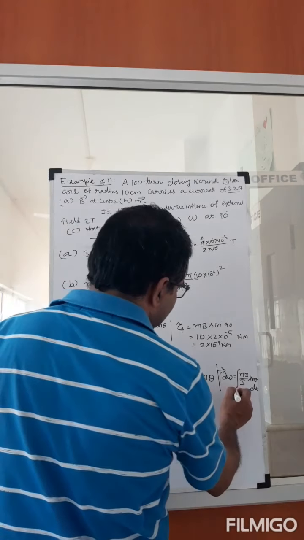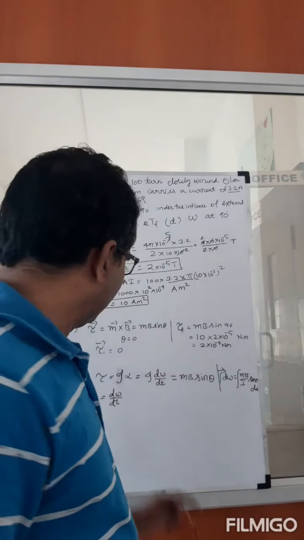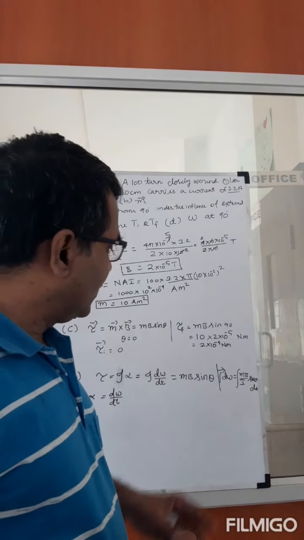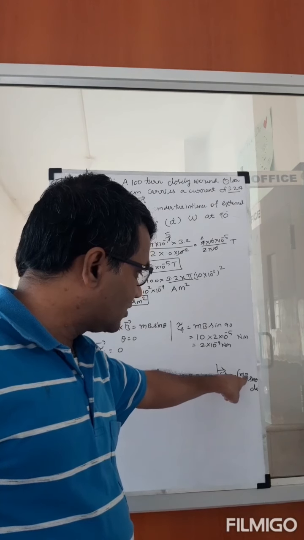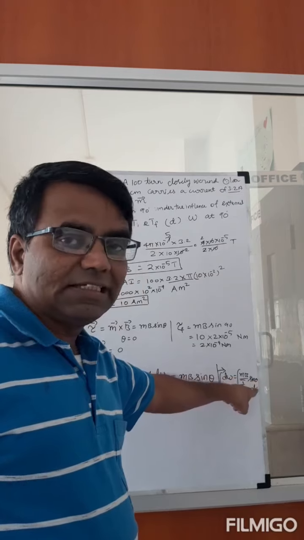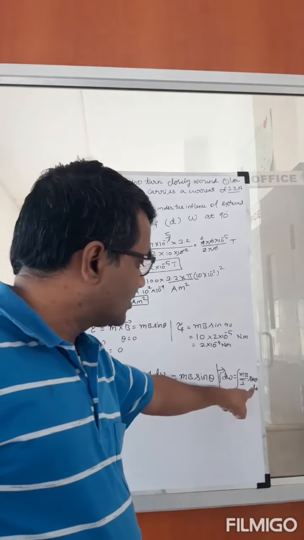The angle will be from initial to final, right? So that's what we have to do. I hope you understand this part, because you can't integrate it: m is constant, d is constant, I is constant, and sine theta is a quantity, but theta is varying with time. You can integrate only with time.